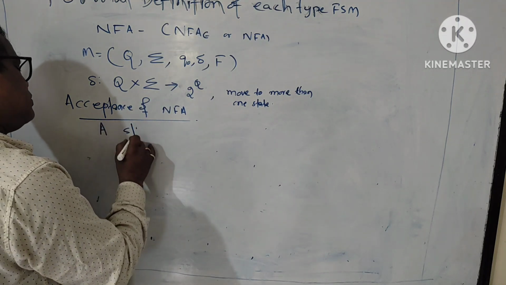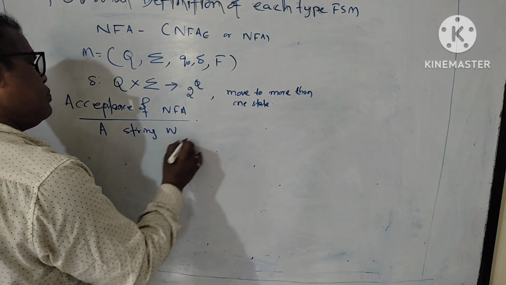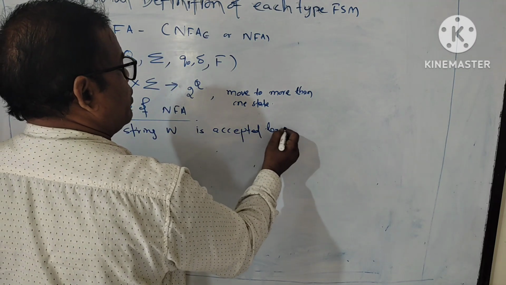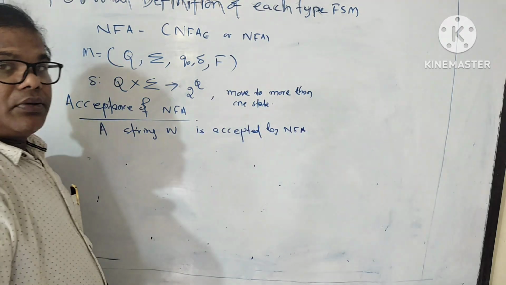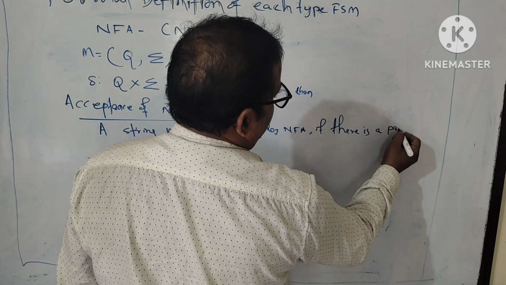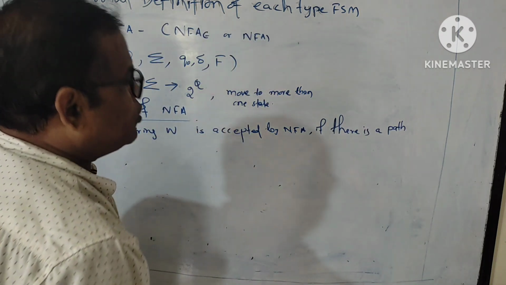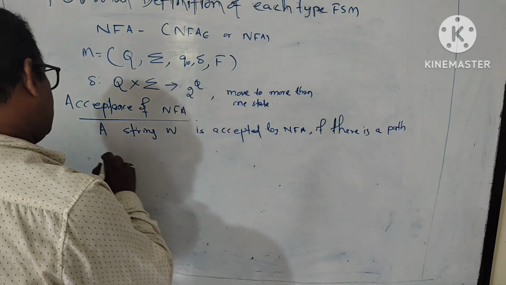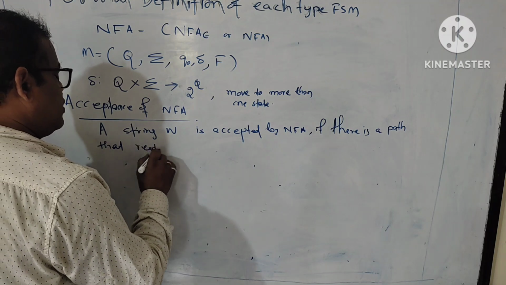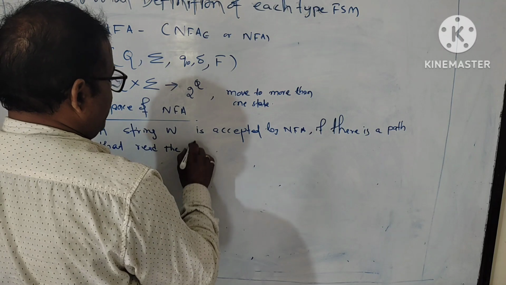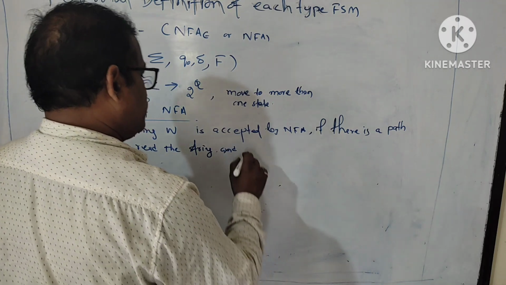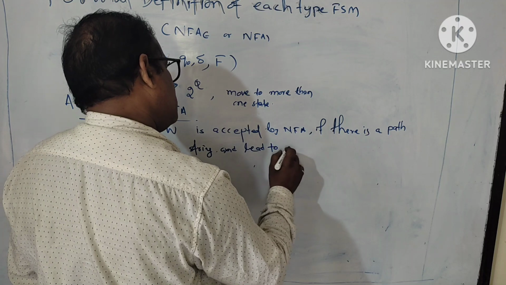A string W is accepted by an NFA if there is a path, which we can also call a completed path, that reads the string and leads to an accept state.